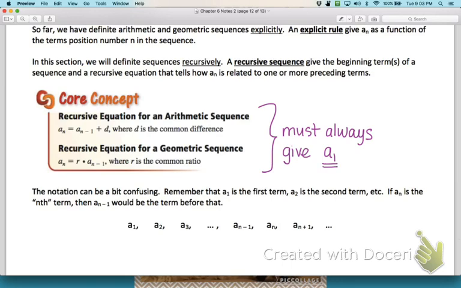Okay? So there's going to be 2 parts to your equation. You're going to say A1, the first term is blank. Then you're going to give the rule. A sub n is equal to blank. So there's always going to be at least 2 parts to a recursive sequence. Sometimes there's sequences where they might have to give you a couple of terms to start, but we'll look at that on another day. So you always have to give A1.